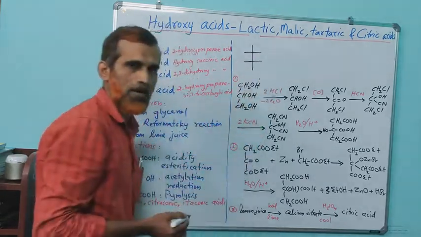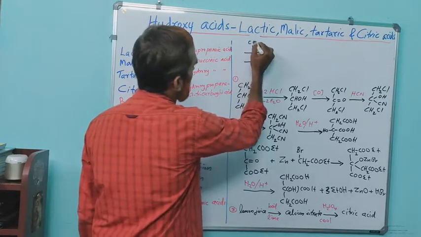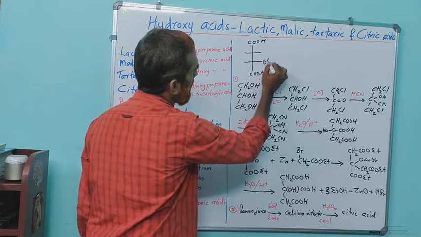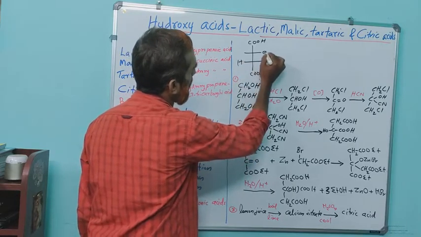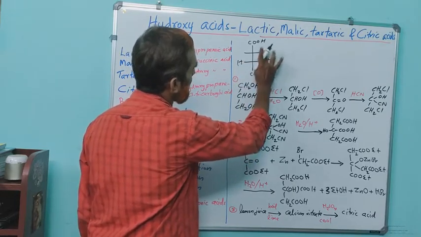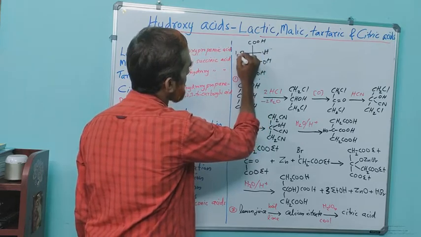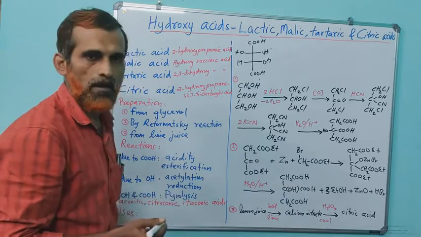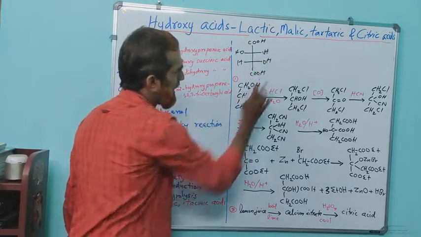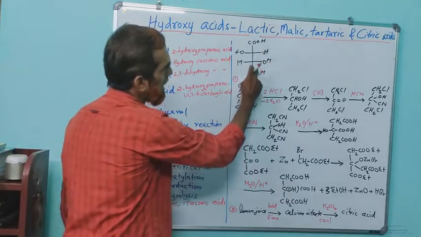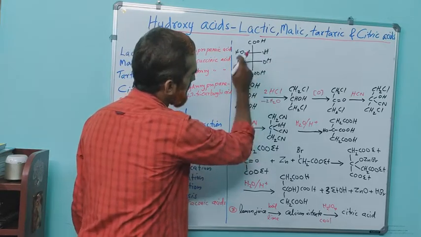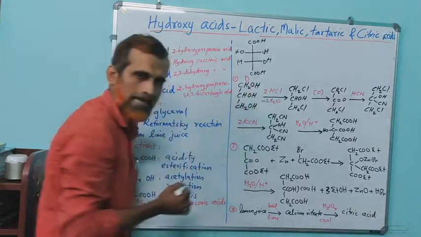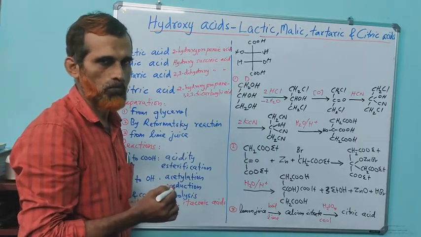This is a recollection only. So COOH, here also COOH, and you have two OH groups. I am writing H and OH here. See, this is tartaric acid, and OH on the right of the bottommost chiral carbon, that's how we call it D, capital D, not dextro, small d.